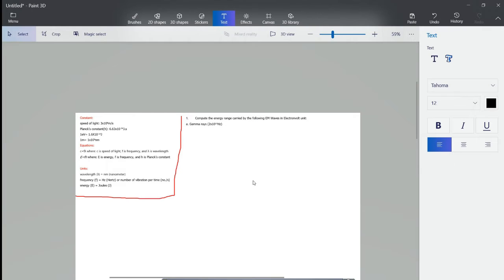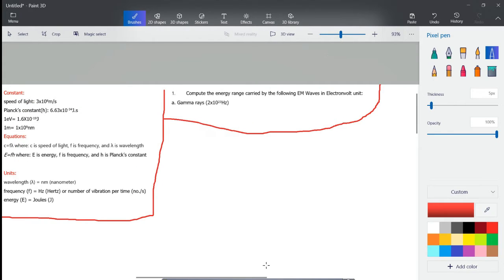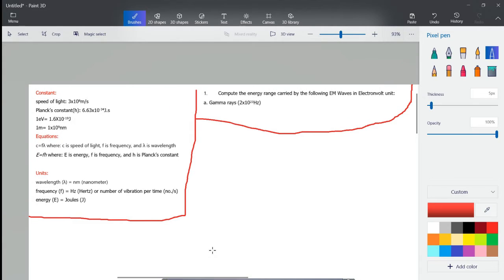Now we have the problem. So compute the energy carried by the electromagnetic waves, in electron volts.